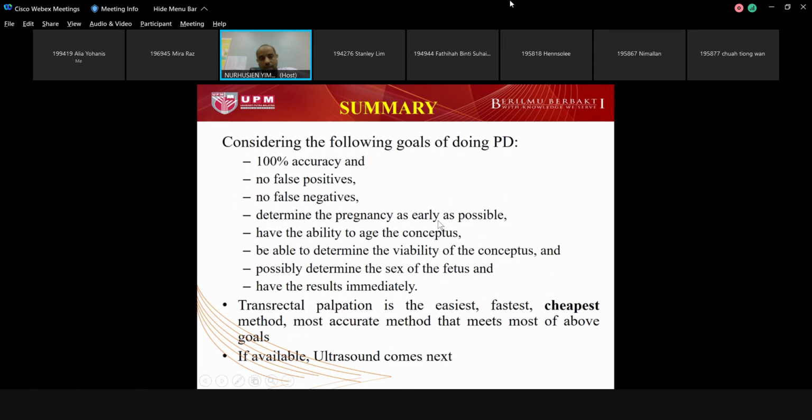Considering all this and considering the cost of the procedure that you are going to rely on for the pregnancy diagnosis, you will find that transrectal palpation is the easiest, fastest, and relatively the cheapest method to achieve most of these objectives. So a lot of effort needs to be done to make sure that your rectal palpation skill for pregnancy diagnosis is good.